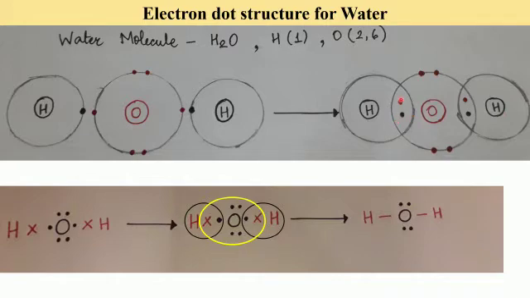But we can see that there is only one pair of electrons shared between one hydrogen and oxygen. Same way here also. So we shall have a single bond between hydrogen and oxygen on this side, and again on this side there will be a single bond between oxygen and hydrogen.